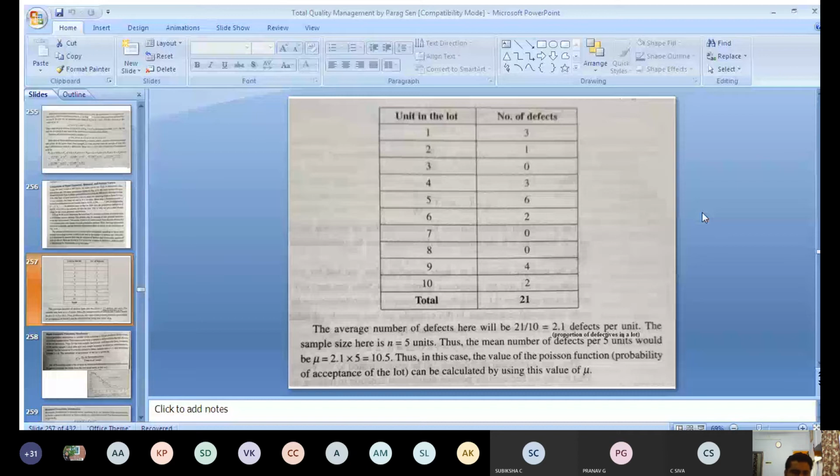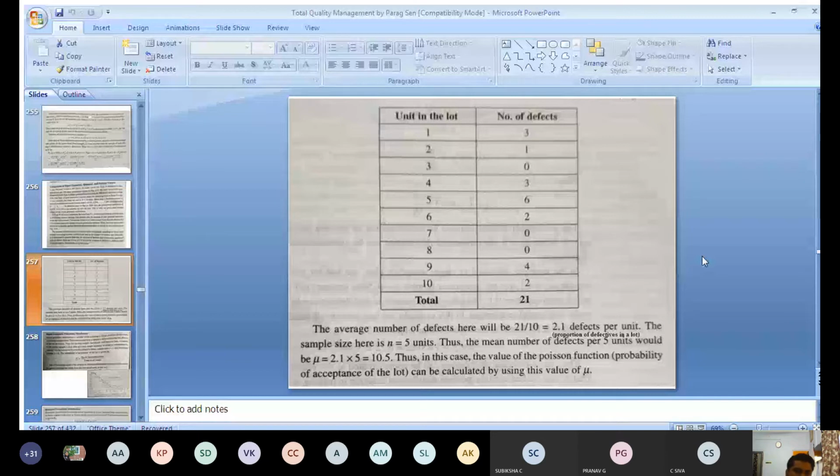The sample size here is small n equal to 5 units. Thus, the mean number of defects per 5 units would be mu equal to 2.1 times 5, equal to 10.5. This is quite natural because if you have 2.1 defects per unit, then for 5 units you will have 10.5 defects.